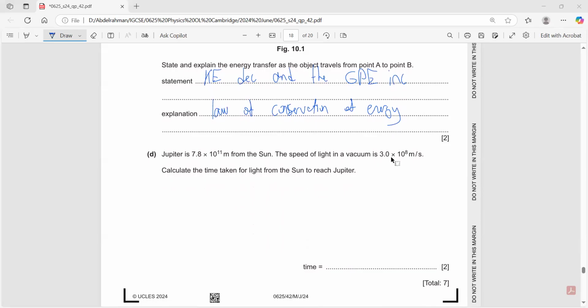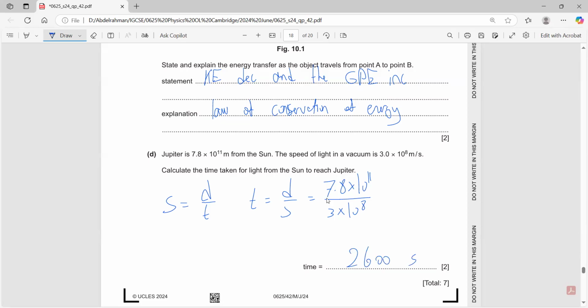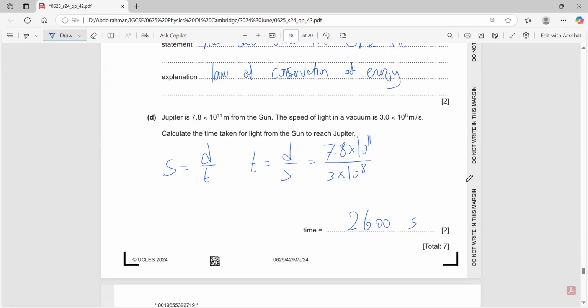Speed equals distance over time, therefore time equals distance over speed. 7.8 times 10 to the power of 11 over 3 times 10 to the power of 8 is 2,600 seconds.